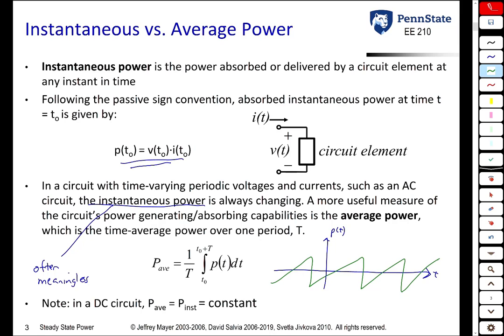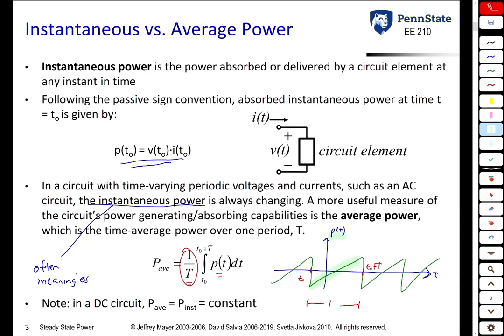The average power, what you do is you integrate over one period the power function and divide by the period. So the average power is 1 over cap T times the integral from some starting point t0 to an ending point t0 plus cap T. And what are we integrating over that period? We're integrating the value of the function.